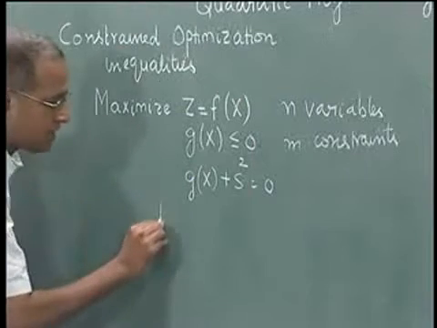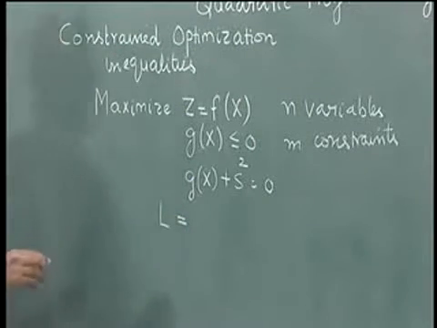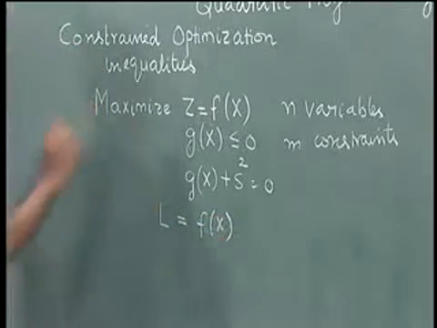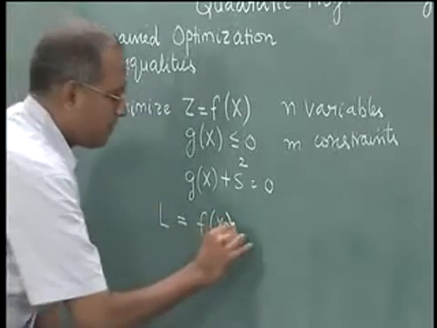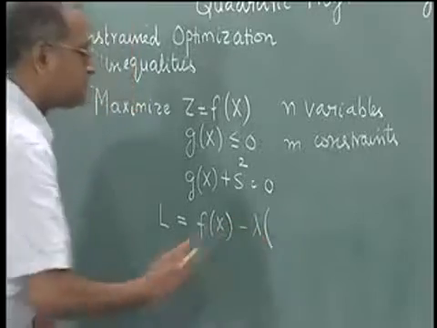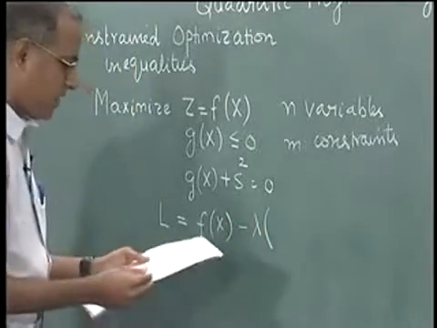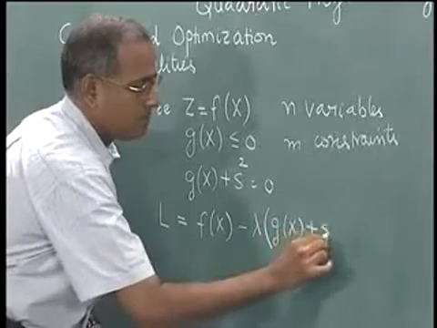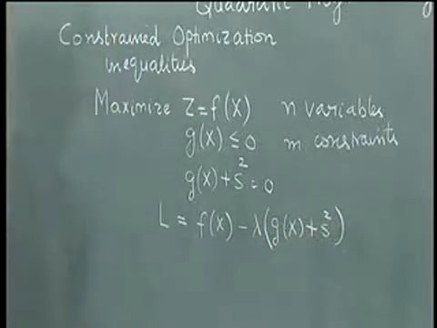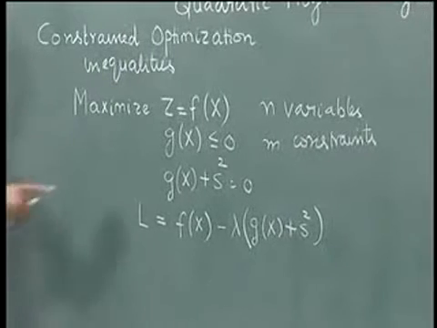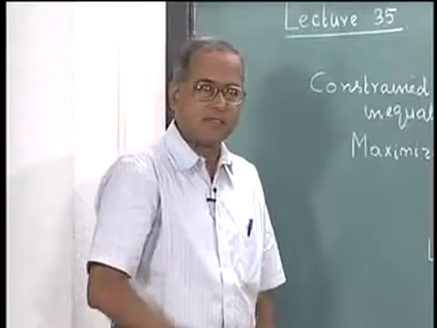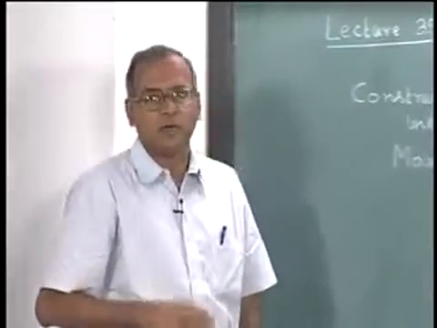So we now define a Lagrangian function L, which will be f of x, and because it's a maximization problem, we would put it as minus lambda into g of x plus s square. Now partial differentiation of this with respect to x, lambda and s would give us the conditions for the optimum.